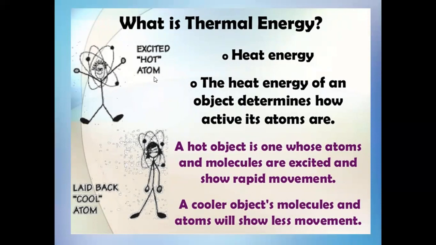In a cooler object, molecules and atoms will show less movement. So in a cool object, atoms show less movement, and in a hot object, atoms and molecules show rapid movement.